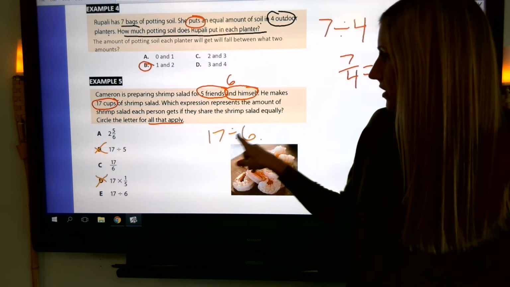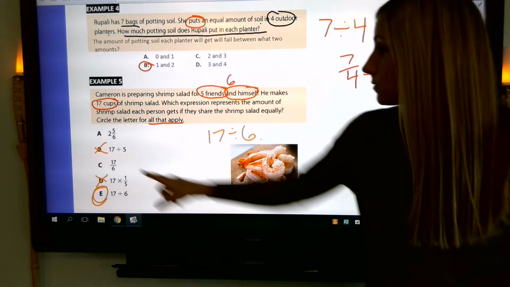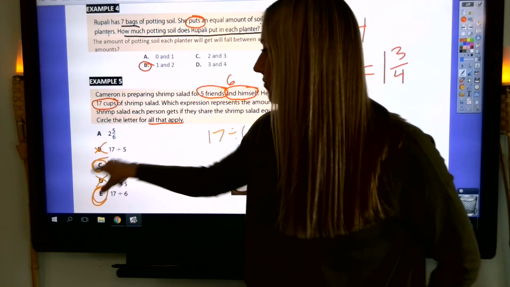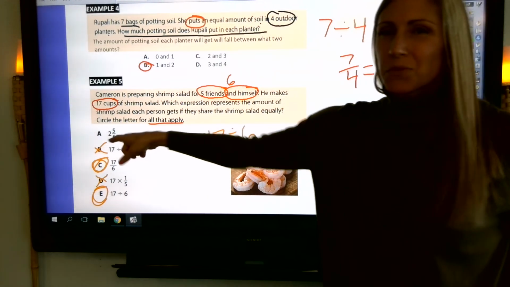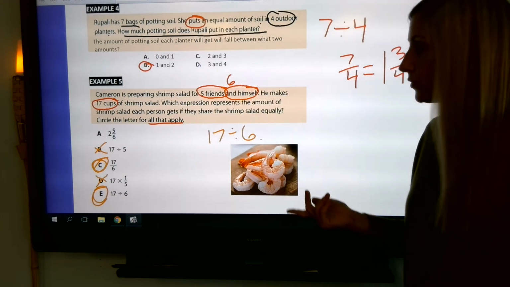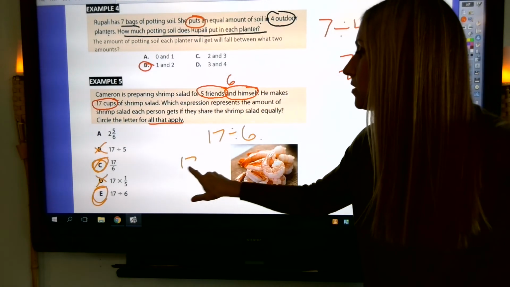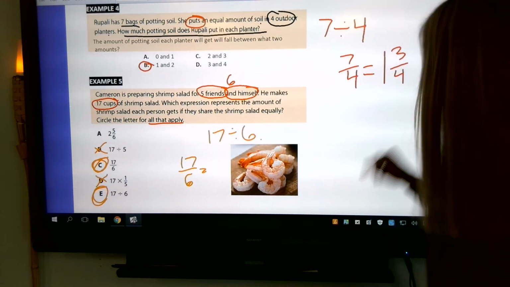So I know 17 divided by 6. Okay, that one, we have it. And then this means the 17, because it's in fraction form, 17 divided by 6. What about this one? Where is that one coming from? It's so random. Well, if you do divide this, it would be an improper fraction. I wonder if that would be its mixed number. What would that become?